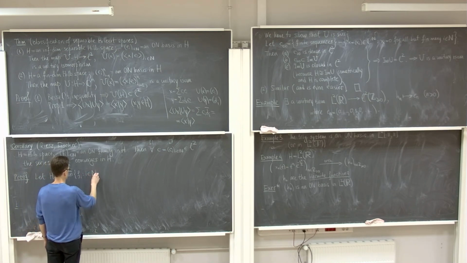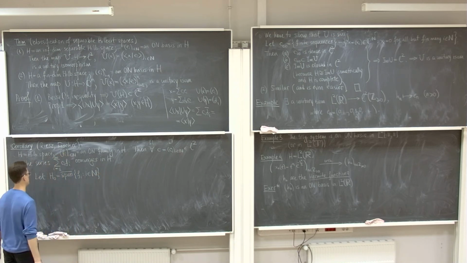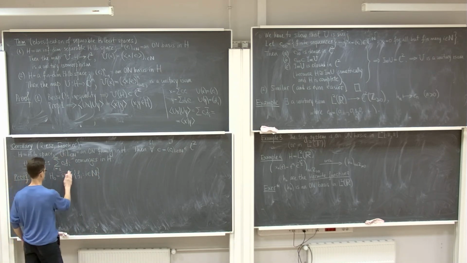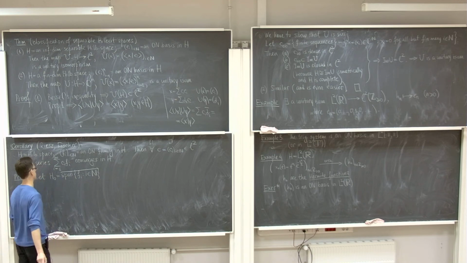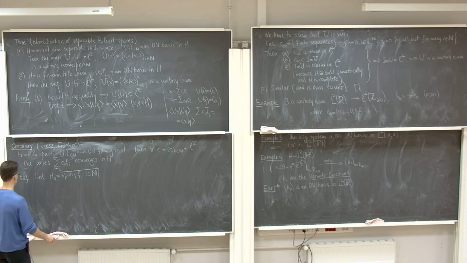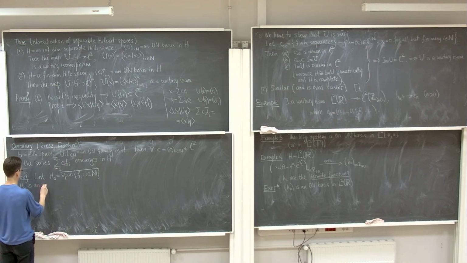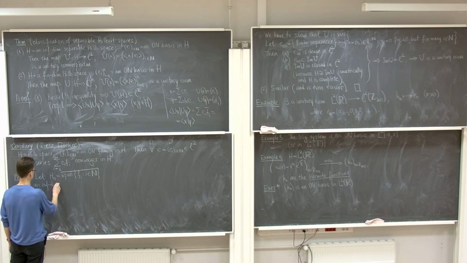So we denote by H0 the closure of the linear span of all these elements. So what can we say about H0? H0 is an infinite dimensional separable Hilbert space.